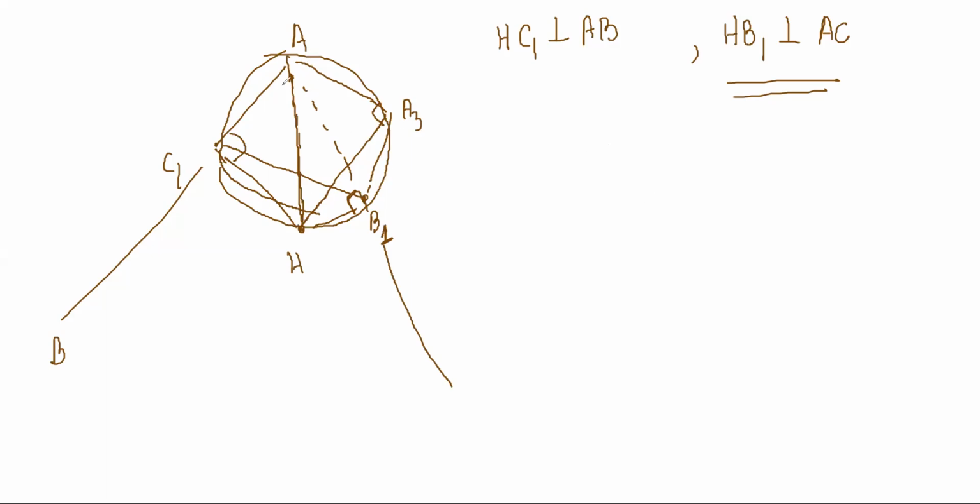You have a circle around A, C1, B1, and A3, and from one point you are getting 90 degrees, two different angles. Then H must lie on the circumcircle, otherwise, the same chord would give two different angles, which cannot be equal.